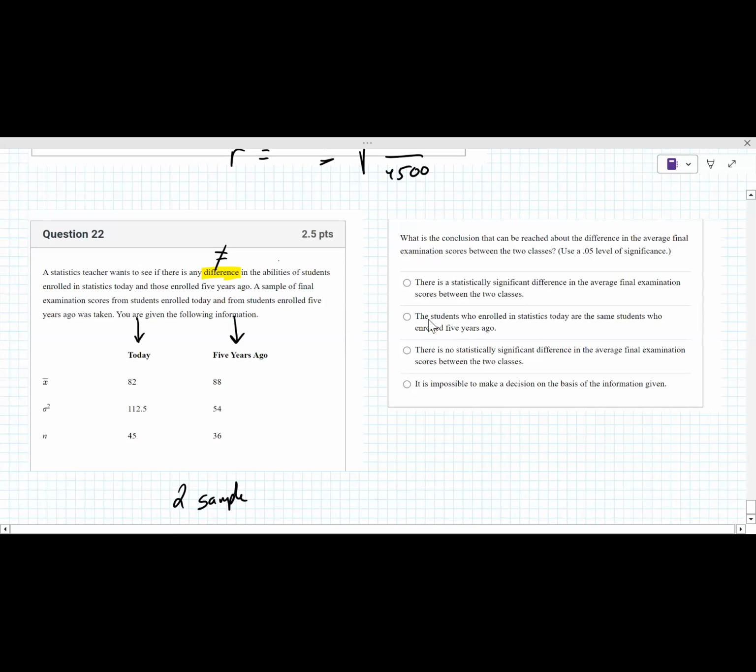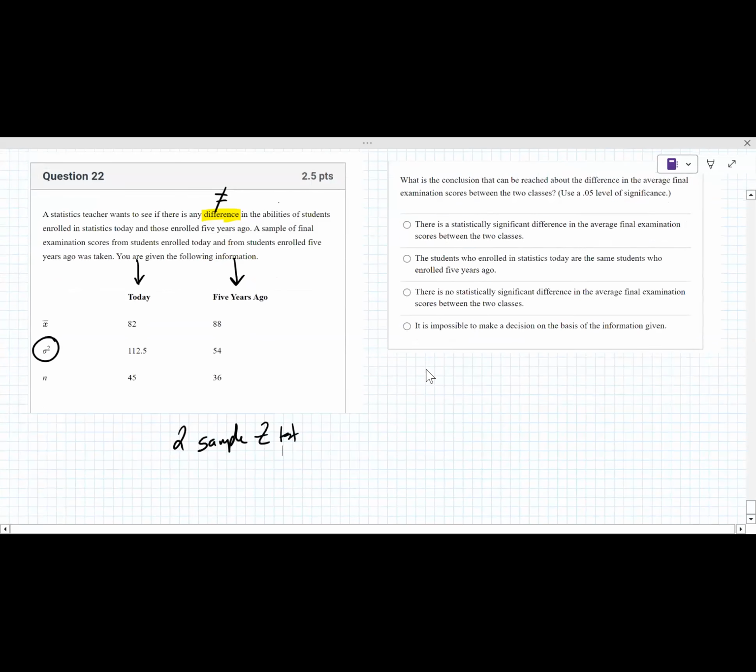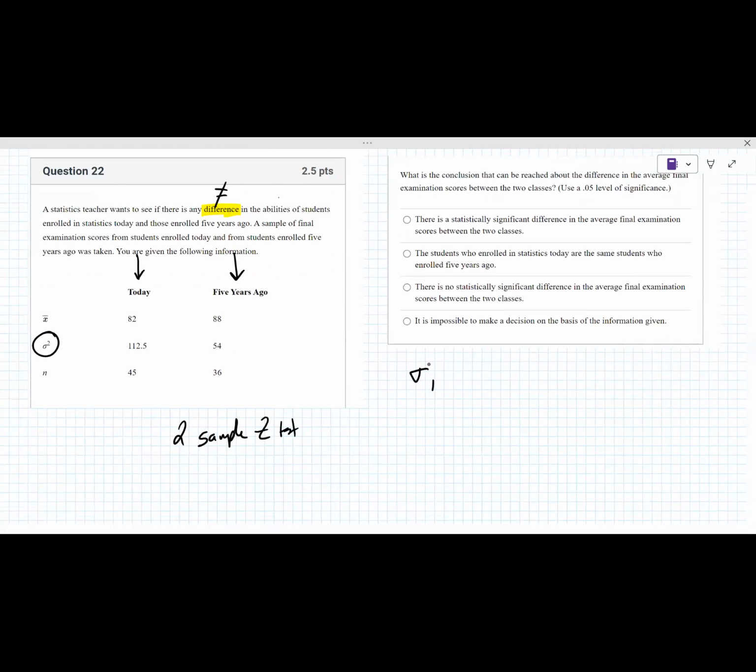Is it a Z or a T test? Would it be Z? Yes. All right, so we've done a bunch of these. Grab your calculator. Sigma 1 this time is the square root of 112.5. Sigma 2 is the square root of 54. X bar 1 is 82.